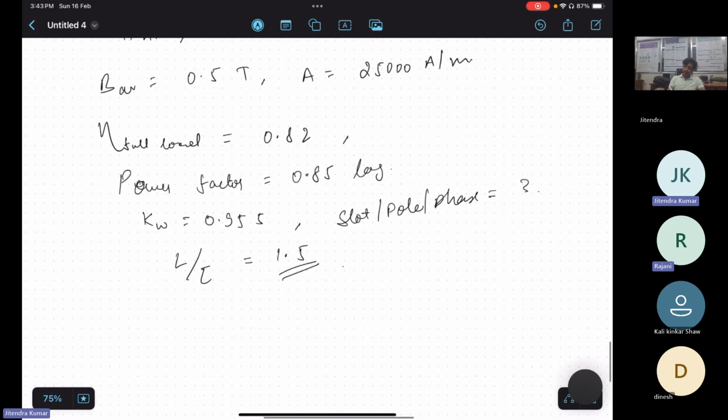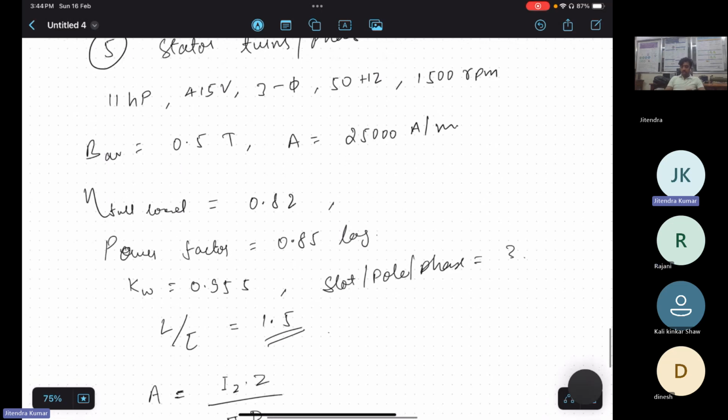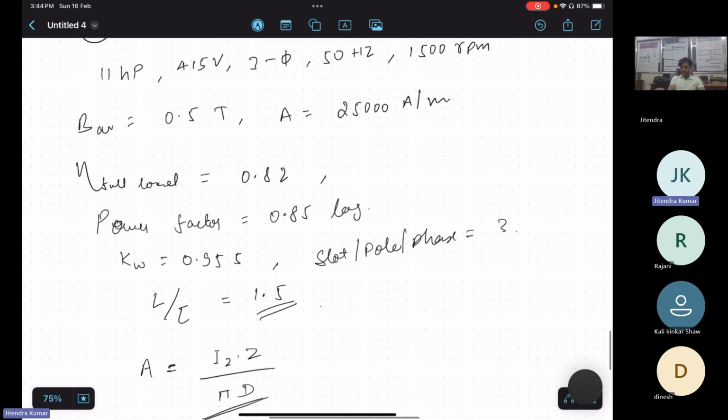Electric loading equal to I_z into Z divided by pi D. Okay, so here the number of conductors we are not given, right? So can you calculate the number of conductors from the given information? We know the voltage and we know the rating of the machine.